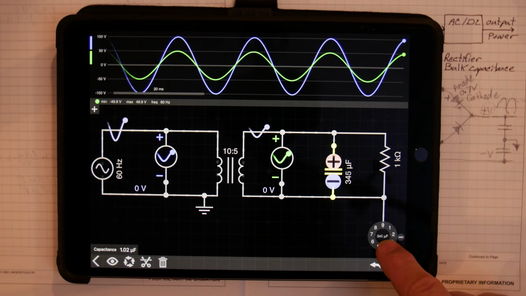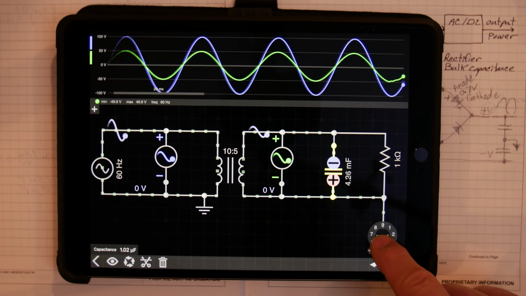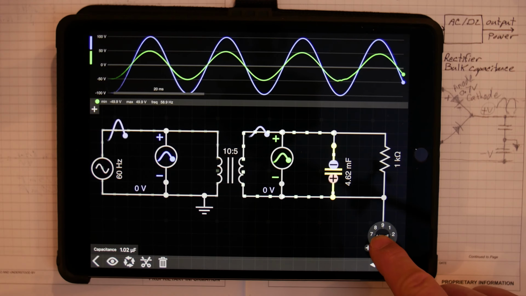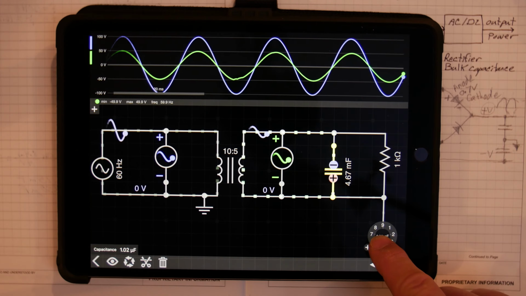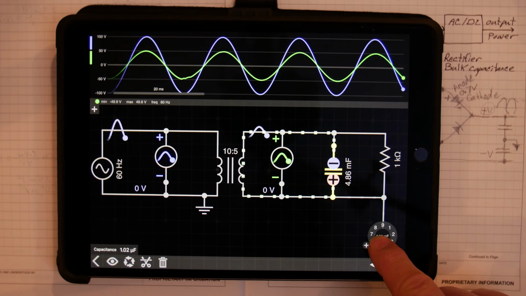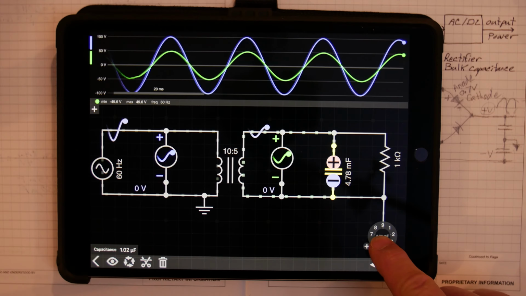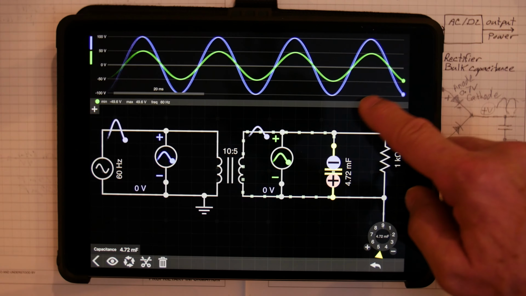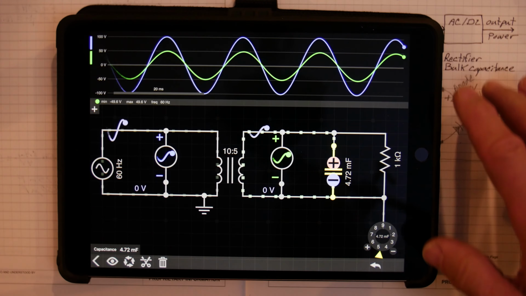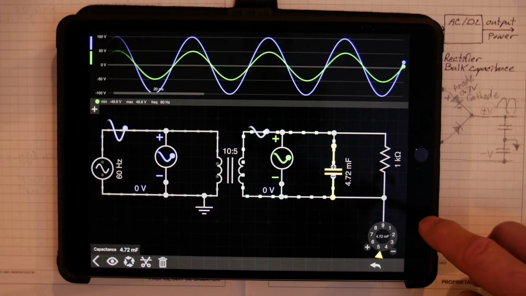Do you see any difference? Let's go to 5 millifarads. Okay, so the capacitor doesn't seem to do anything to the voltages, right?